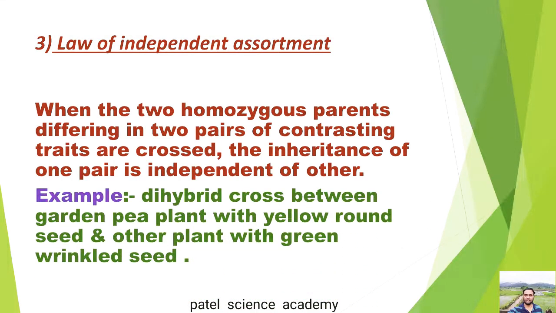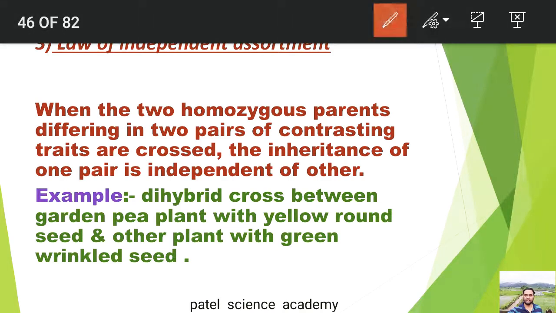So an example for this cross is the dihybrid cross between two garden pea plants. In this cross, the color of the seed is yellow and round is the shape. So here we are comparing two characters, one the color of the seeds and the other the shape of the seed.